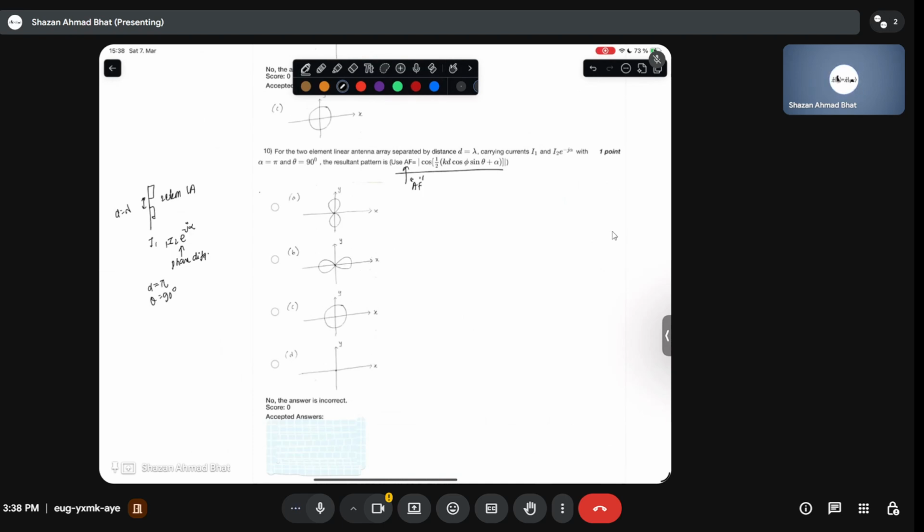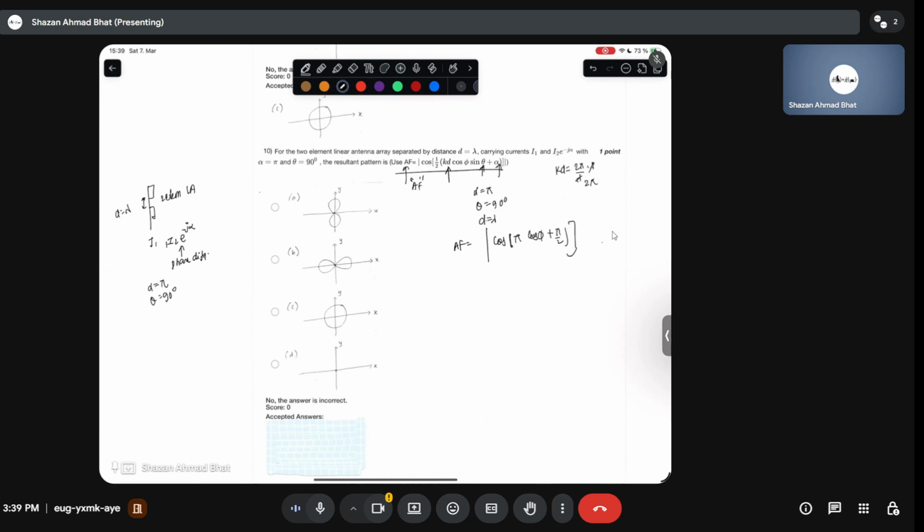How will you do it? Again, if you use alpha equals pi, theta equals 90, d equals lambda, you get the array factor to be equivalent to the magnitude of cos of pi cos phi plus pi by 2. Because alpha is pi by 2, sine theta is 1, and kd will be equivalent to 2 pi over lambda into lambda, so it will be 2 pi.